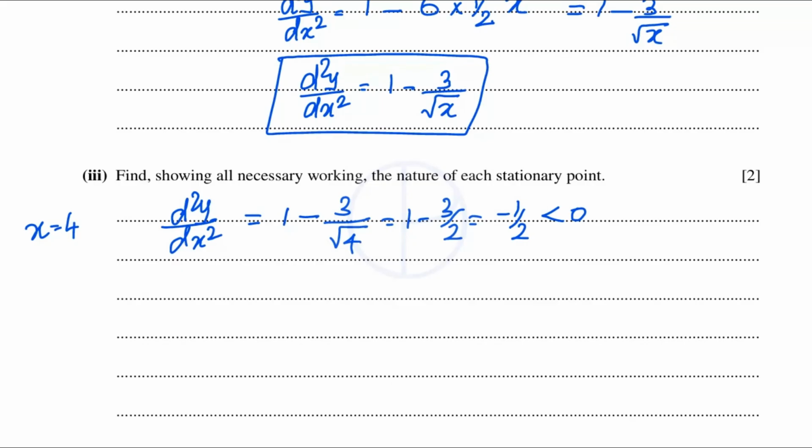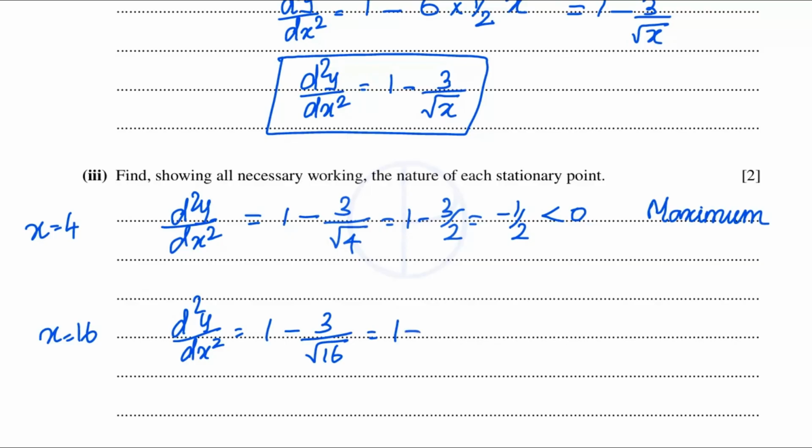So the nature of the stationary point at x equal to 4 is maximum. At x equal to 16, d square y by dx square is 1 minus 3 over square root of 16, which is 1 minus 3 over 4, which is equal to 1 over 4, which is greater than 0. So at this point, this is minimum.